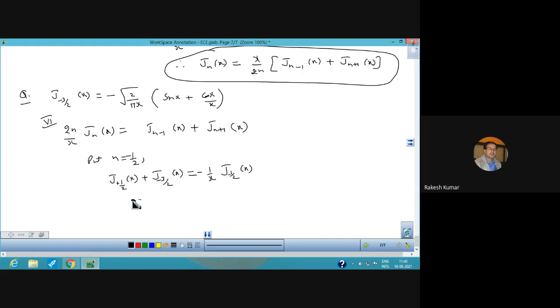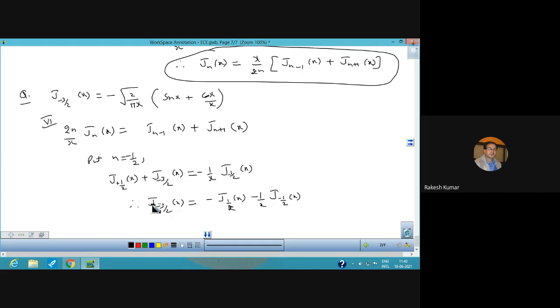So we can get J minus 3 by 2 x, that should be equal to minus J 1 by 2 x, and this value is minus 1 upon x, that is J minus 1 by 2 x.